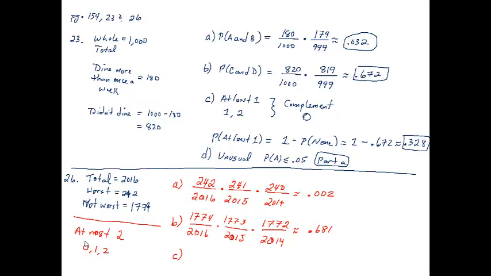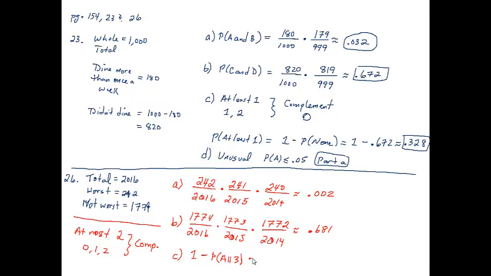Again, it seems like a lot to do, so we're going to consider the complement. So the probability of at most two would be 1 minus the complement, which is, well, what number do you not see here? We're missing a 3, which means all 3 said that he was the worst.